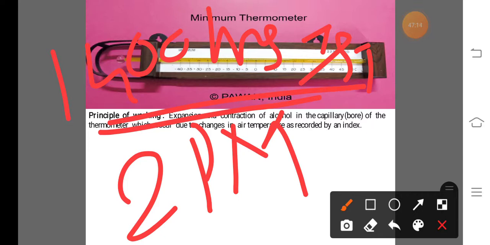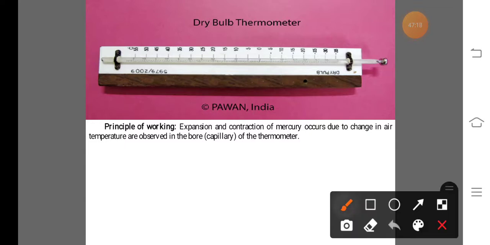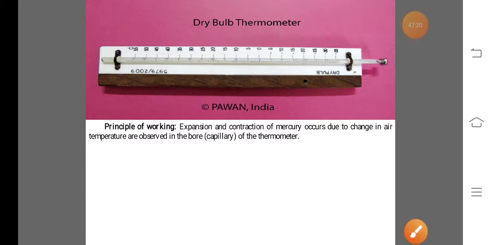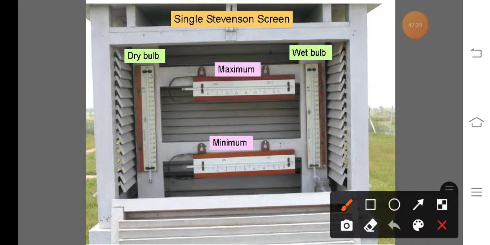So this is about the minimum thermometer. Next one, the dry bulb thermometer. The dry bulb thermometer is kept in the single Stevenson screen on the left side of the observer, and it is kept vertically.